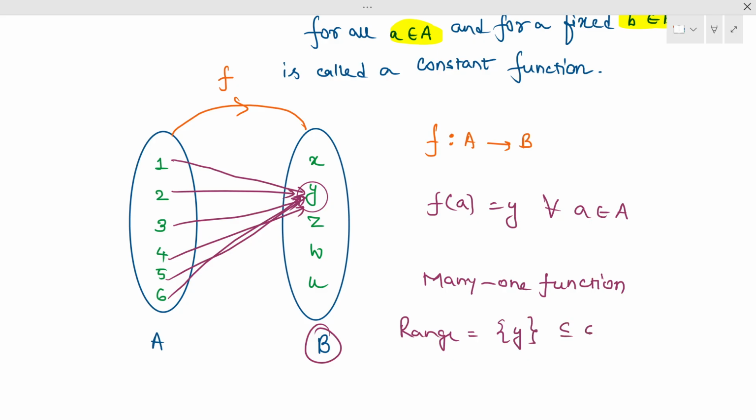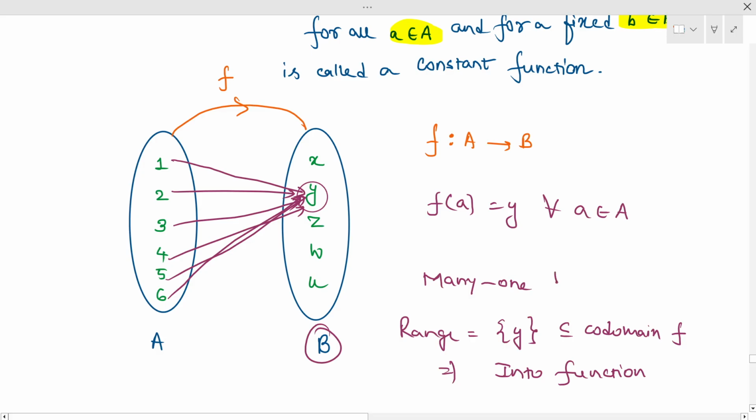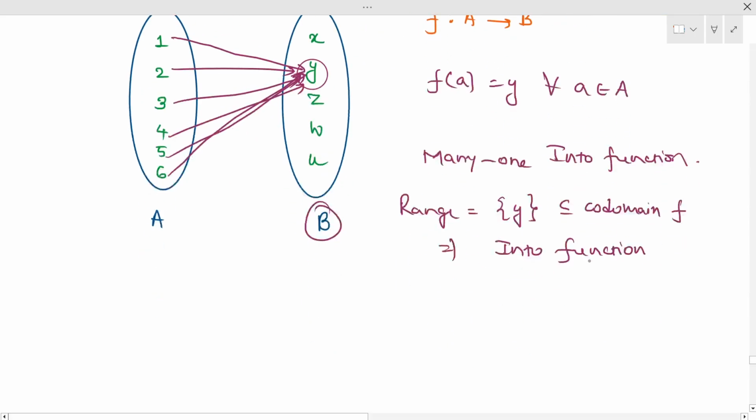So the range is a subset of the codomain of f, which means that it is an into function. That means it is a many-one into function, right? So this is how we define the constant function.